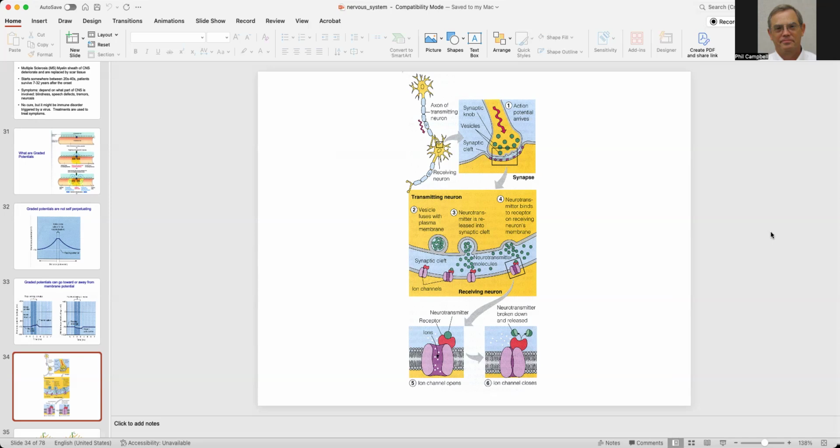As long as those neurotransmitters are bound, the channels are open. They result in creating graded potentials. Okay? So they are not created by voltage-gated channels. In this case, chemical-gated channels. Right? So that's how it works.